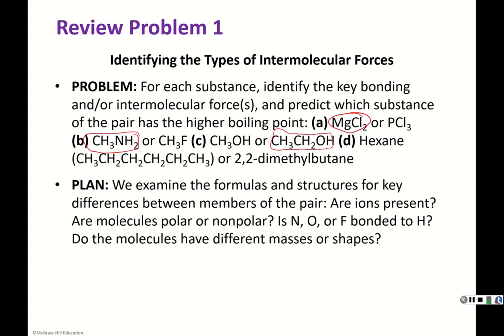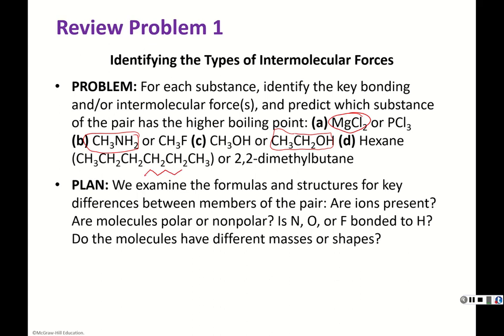And then finally, hexane, which is a hydrocarbon of 6 carbons long, or 2,2-dimethylbutane, right? And so that name probably doesn't do a whole lot for you. Let's just draw the structures out of them. 1, 2, 3, 4, 5, 6. So that would be the structure of hexane.